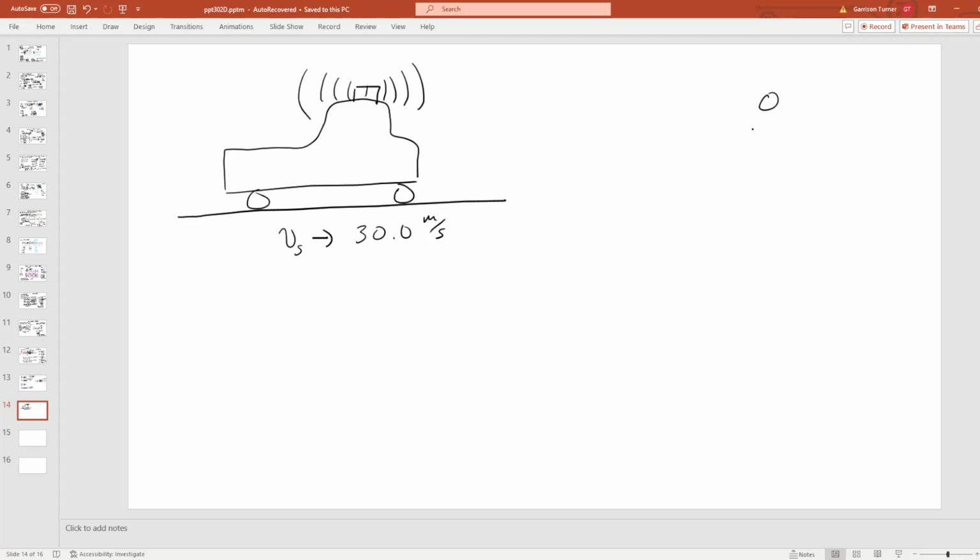And I have an observer that's stationary, and the frequency of the source, if the siren were stationary, let's say it would have a frequency of 440 hertz. What is the frequency that the observer hears?